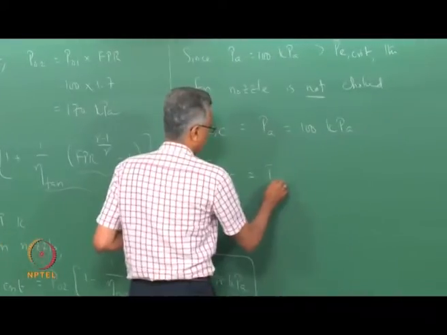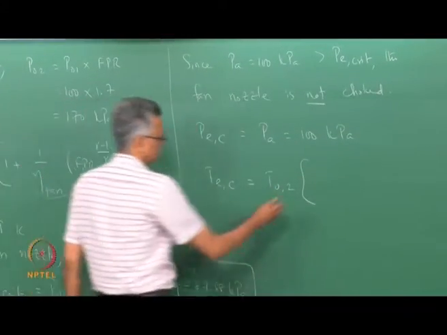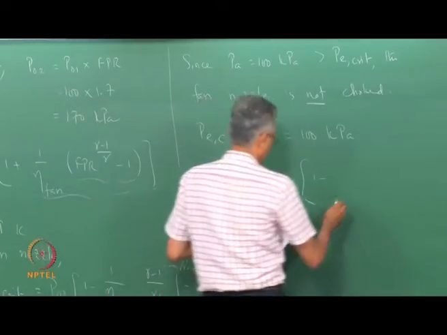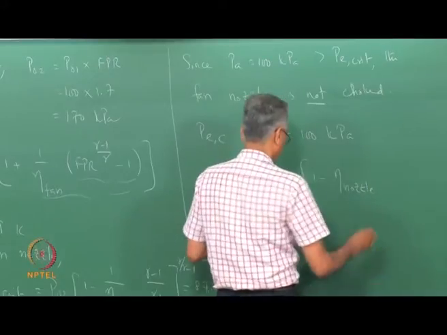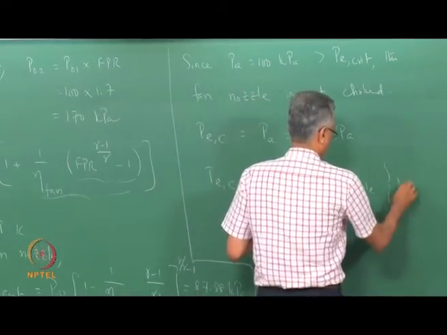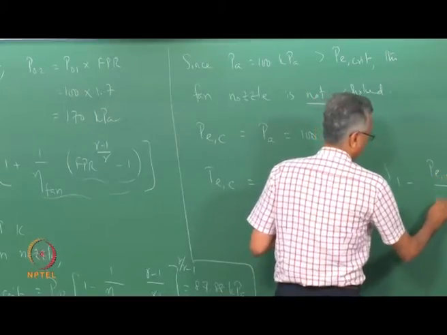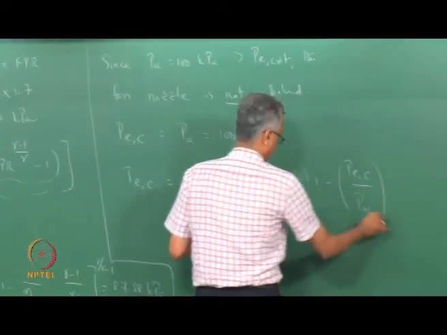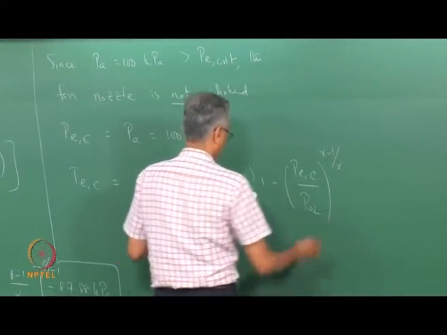So TEC is equal to T02 times 1 minus eta nozzle times 1 minus PEC over P02 raised to the power gamma minus 1 over gamma.